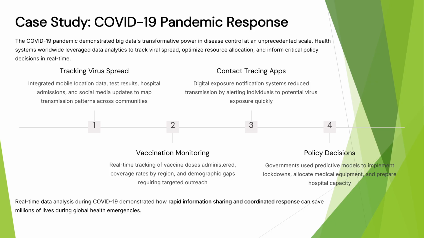And fourth is policy decisions. Governments use predictive models to implement lockdowns, allocate medical equipment, and prepare hospital capacity. This real-time data analysis during COVID-19 demonstrates how rapid information sharing and coordinated response can save millions of lives during a global health emergency.